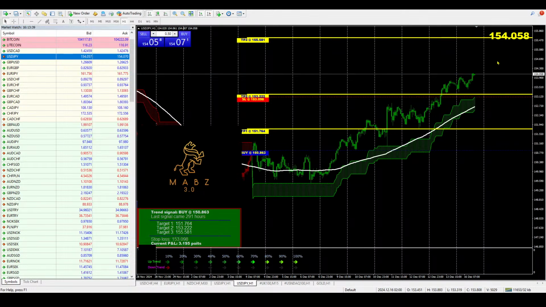So what am I seeing here? So number one, I can see that the price is above this 100-period moving average, okay? Which indicates that this is a bullish market. If you look at the bottom of the screen, we can see that we're in a very strong bullish market, meaning that the market is pushing up, okay?